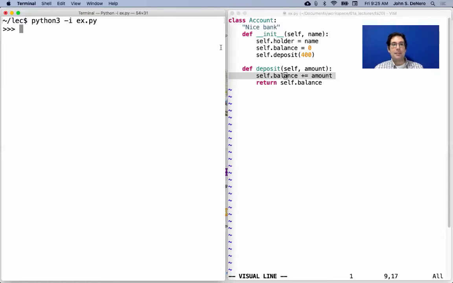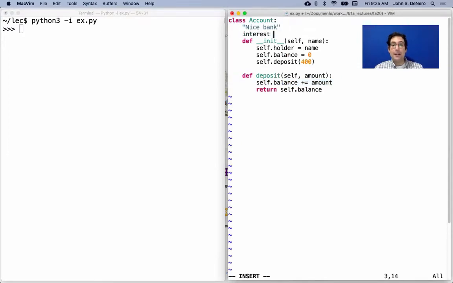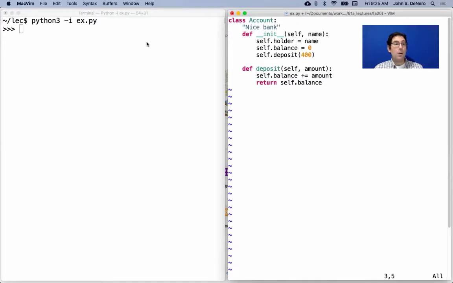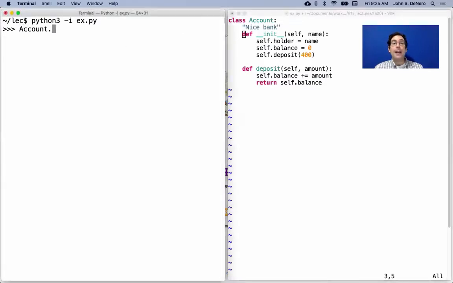So when does this happen? There are two ways to set a class attribute. I could just write it in here, which is fine. Or I could add it if I have access to the account class, and give it a class attribute like that. Both do the same thing.